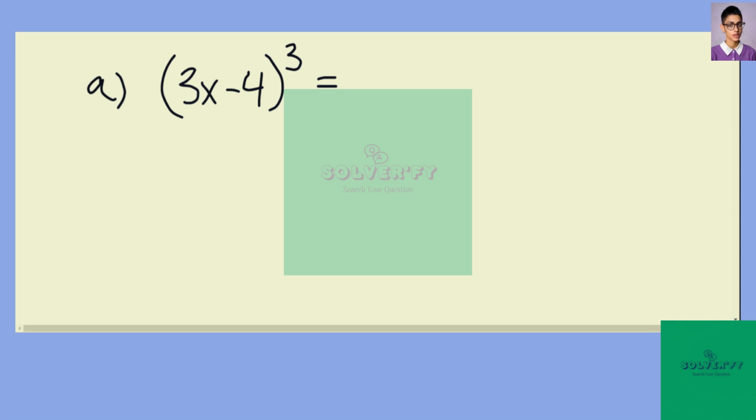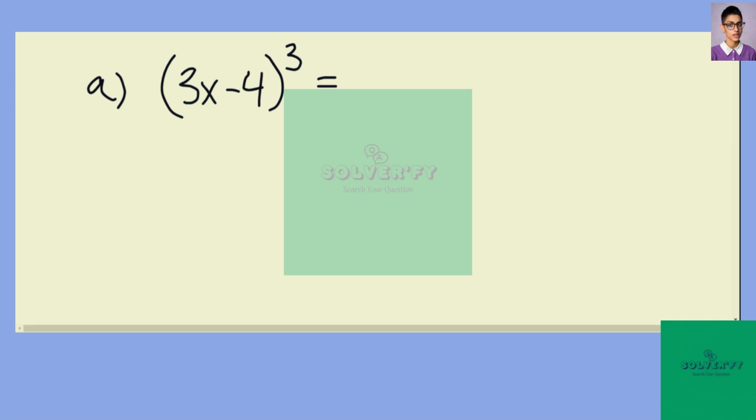Multiply this out, and so this is equal to (3x - 4) times... although we could use the binomial theorem here.